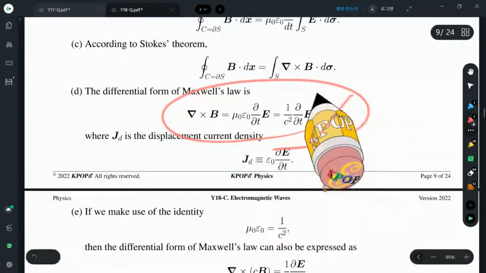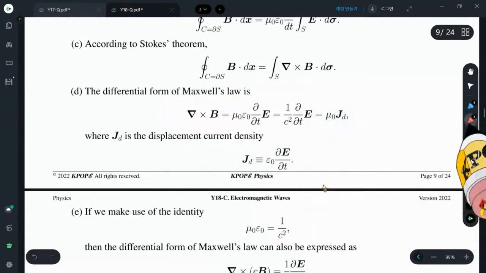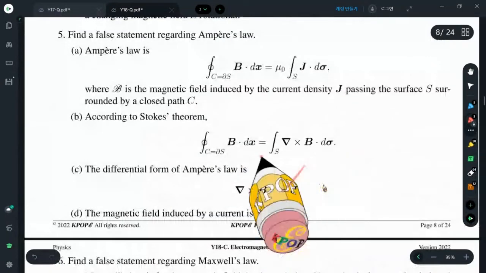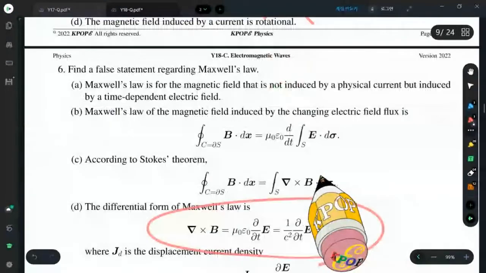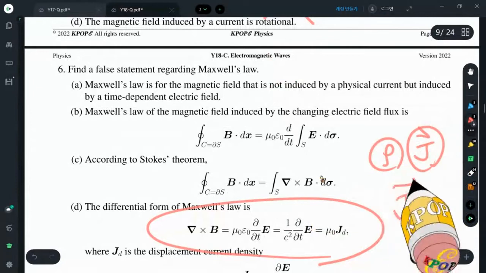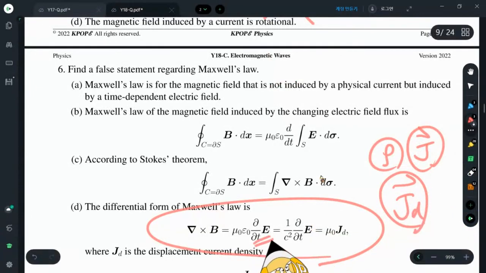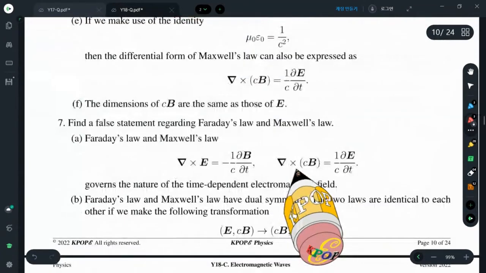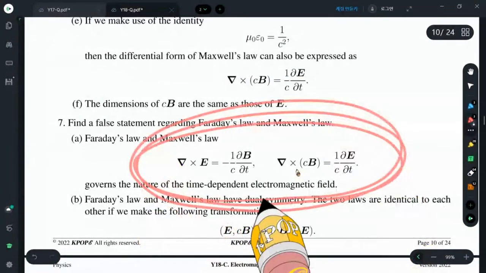We have to care about the displacement current, but we don't want to consider actual current, because we are in vacuum, no charge, so no rho, no J. However, JD is not a physical current, it is just the time-dependent electric field. So we concentrate on these two coupled equations.